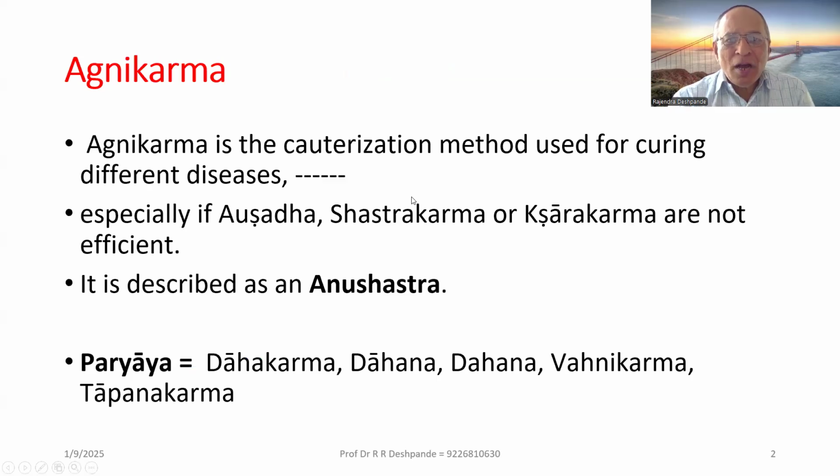Agni Karma is the cauterization method used for curing different diseases. It is done especially if our regular medicines or regular surgeries, Shastra Karma, regular Kshara Karma are not efficient to treat or cure that particular problem.